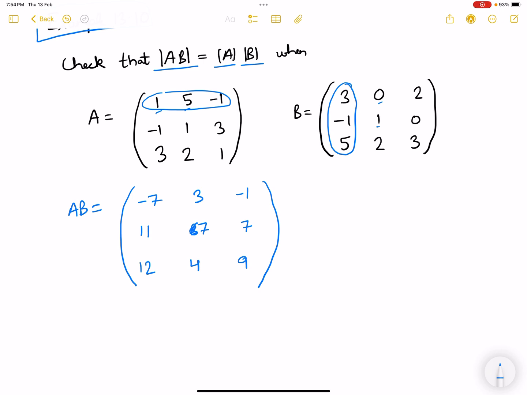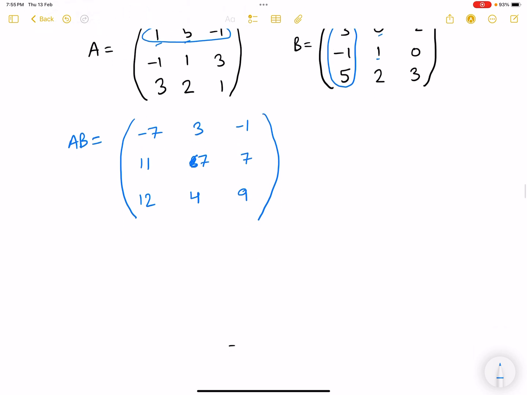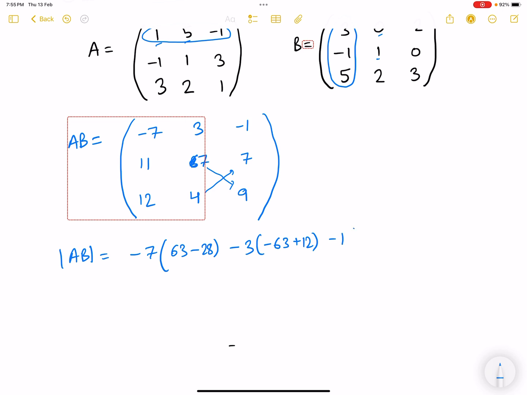Now we'll find what the determinant of AB is. Minus 7 into, so product of this minus product of this, minus 7 into 63 minus 28, minus 3 into minus 63 minus of minus 12 is plus 12, then minus 1 into 44 minus 84.